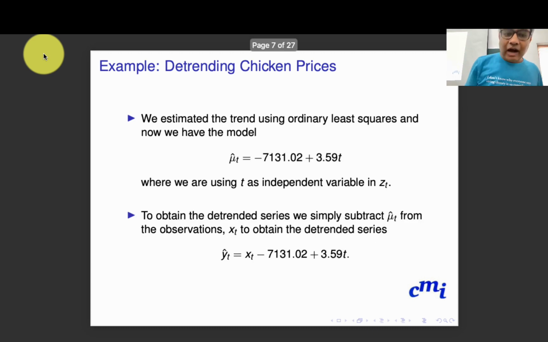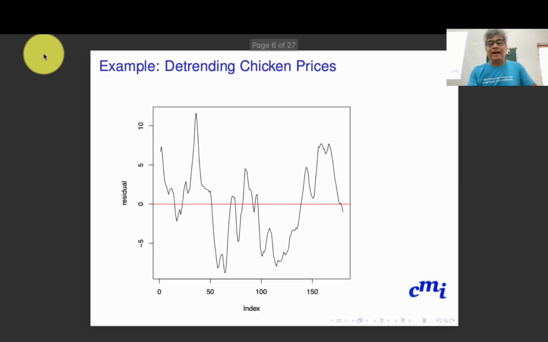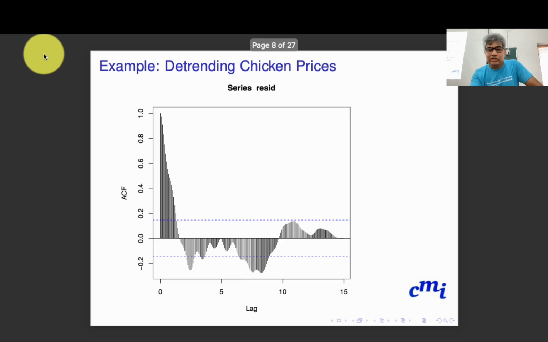But here, after modeling the trend, what you have is a residual, and the residual has an autocorrelation function. That means there is still some signal left in your data which you are not using to enhance the predictive power of your forecasting model.